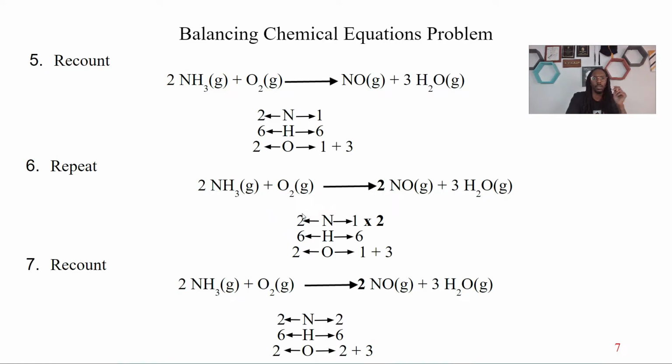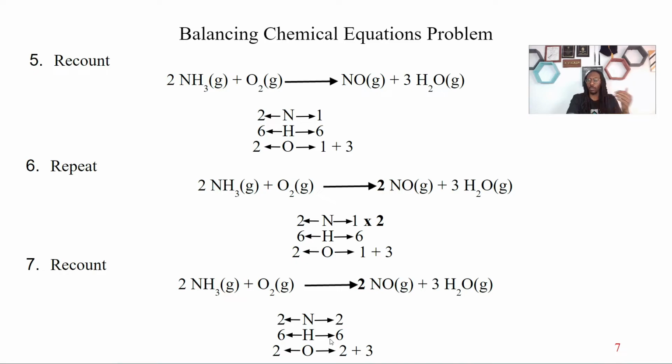So I can leave this alone because I have 2, but I have to use a factor of 2, in this case, multiply by 2, in order to get my least common multiple. So now I do 1 times 2. Now I'm going to put my 2 here as my coefficient. And then let's recount. So now I have 2 nitrogens, bam, and I have 2 nitrogens here, bam.